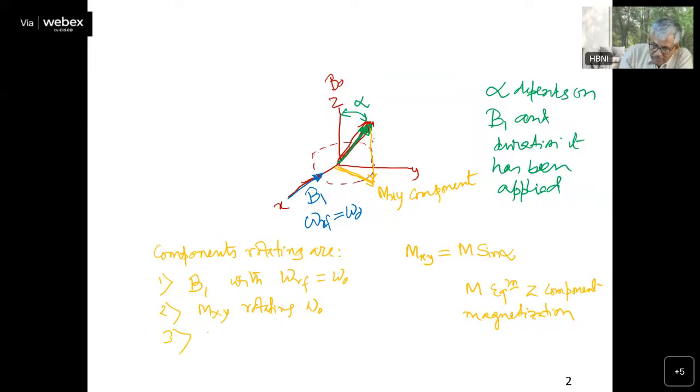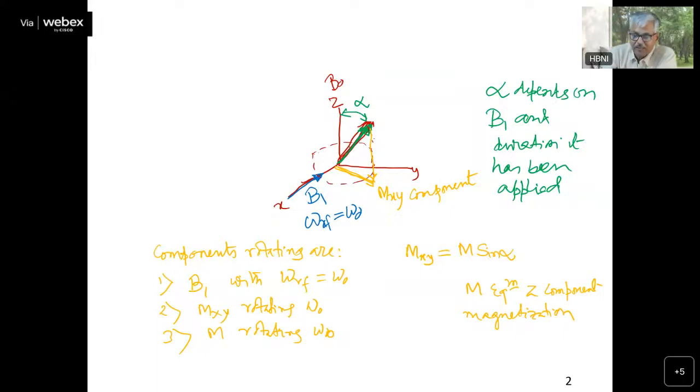And of course, the tilted M is also rotating with omega 0, because the last two are happening under the applied magnetic field B0. Okay. So the issue here is that there are several rotating components. When there are several rotating components, it brings complexity in the analysis of the signal.